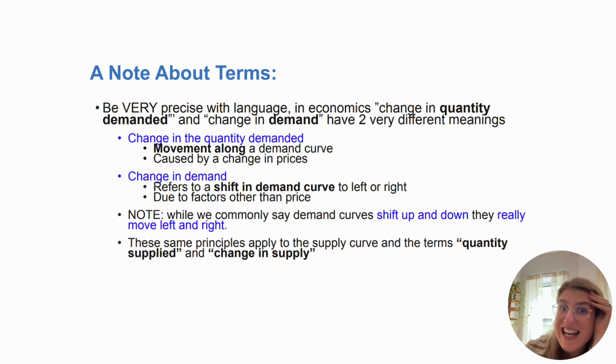So things like changes in income, preferences, the sizes of populations, things that are external to the price of the good. So even though we sometimes casually say the curve shifts up or down, what's really happening is a shift to the left or to the right, okay? And the same exact distinction applies on the supply side. A change in the quantity supplied is a movement along the curve, while a change in supply means the whole curve shifts.